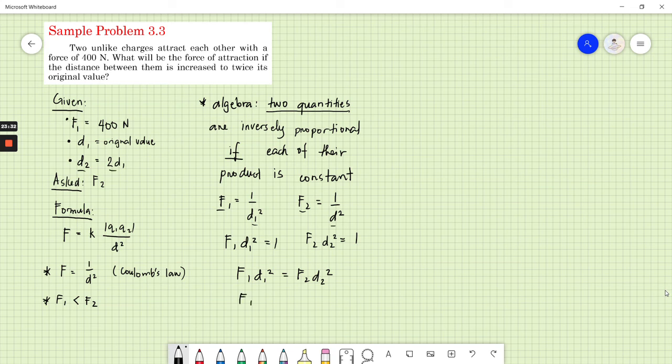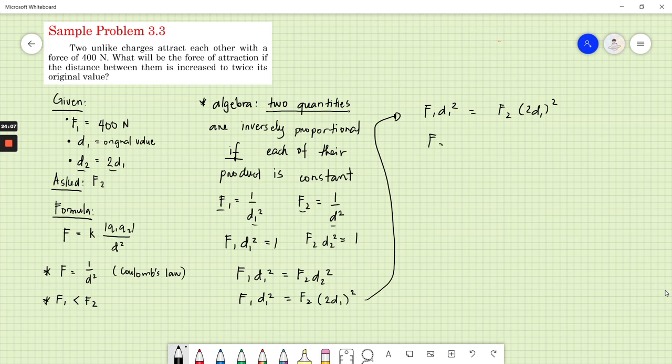So F1 d1 squared is equal to F2 times (2 d1) squared. Now we can solve for F2.